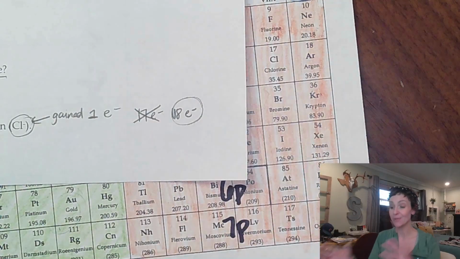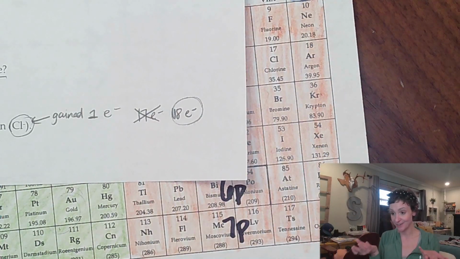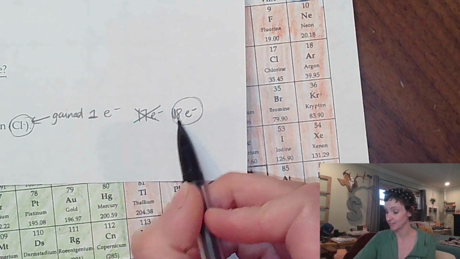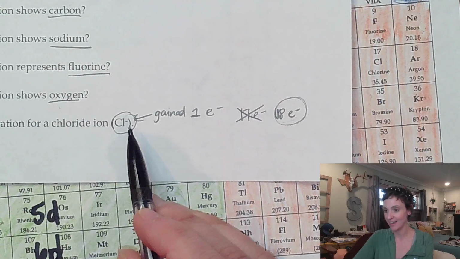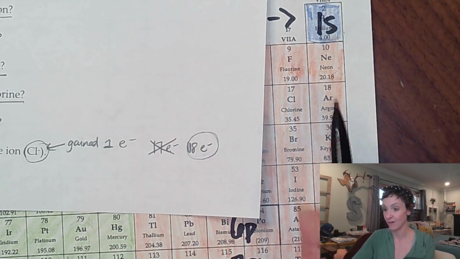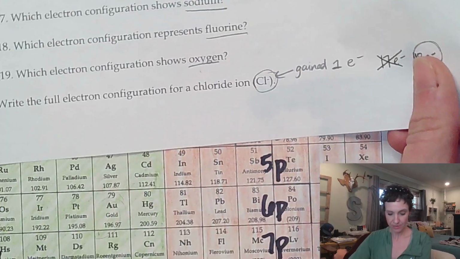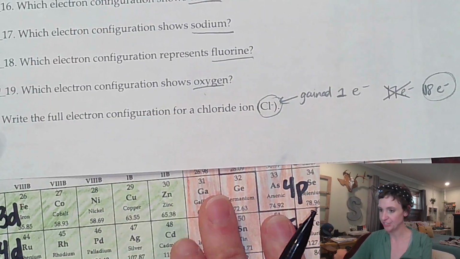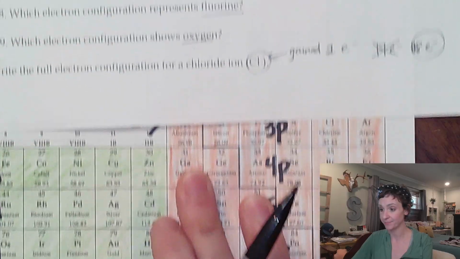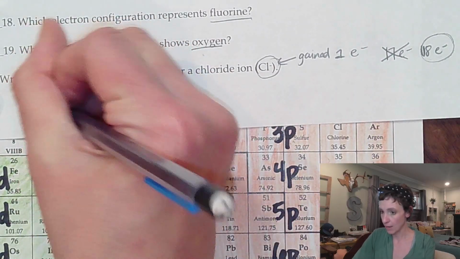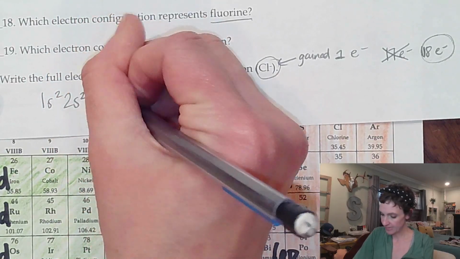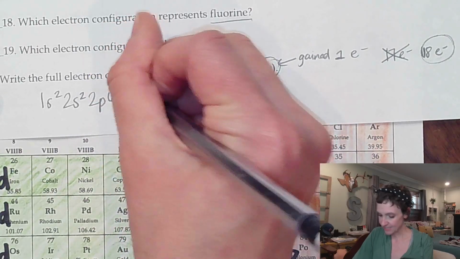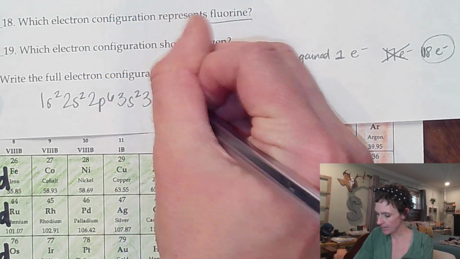So this electron configuration will look like the configuration of argon. Once again, that term isoelectronic describes different elements or ions that have the same number of electrons. We could say that this chloride ion is isoelectronic with argon. So we're going to write the full electron configuration to get to argon right there. So we have 1s2, 2s2, 2p6, 3s2, 3p.